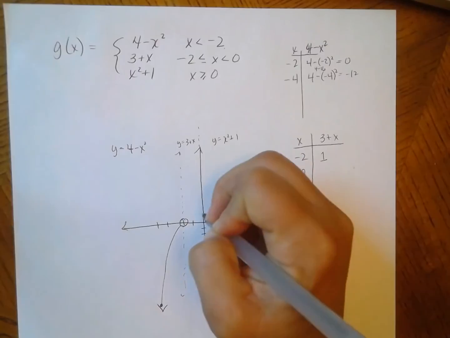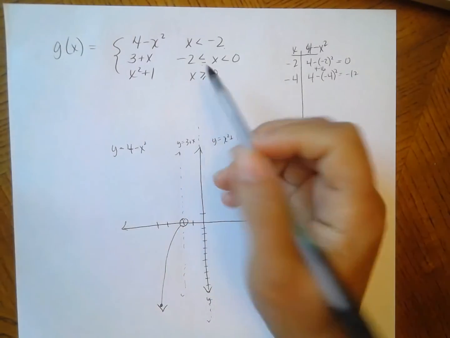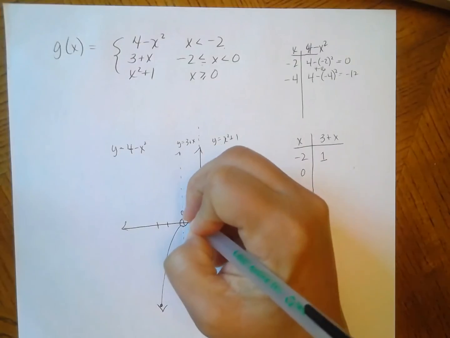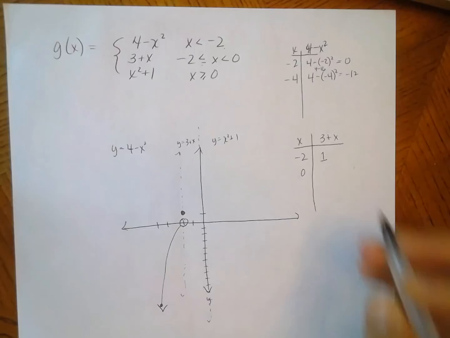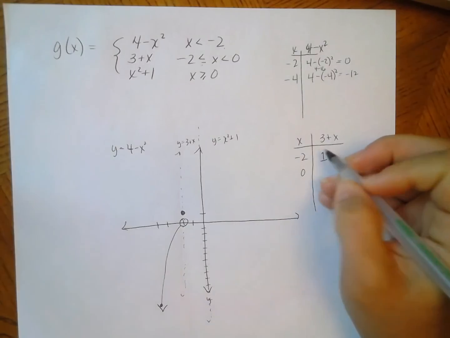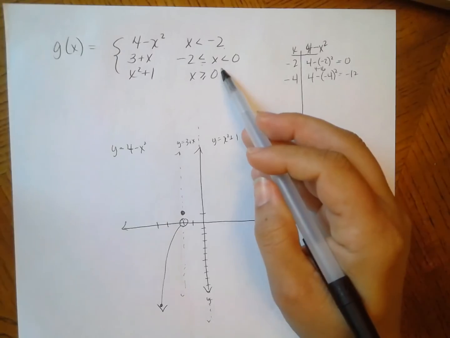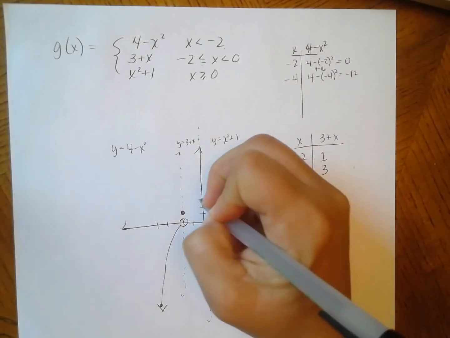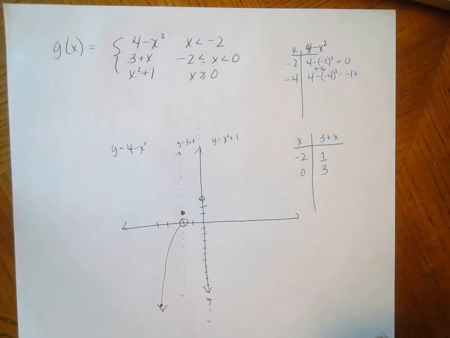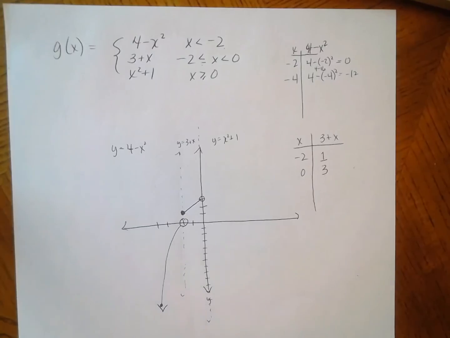So that means I'm going to have a point here, and it's actually defined at -2. So when I put this point on here, it should be filled in. And then when I plug in 0 here, I get 3 plus 0, which is 3. Now 0 isn't defined here, so when I put this point on my graph, I'm not going to fill that in. It's going to look like this. So that piece just looks like this.